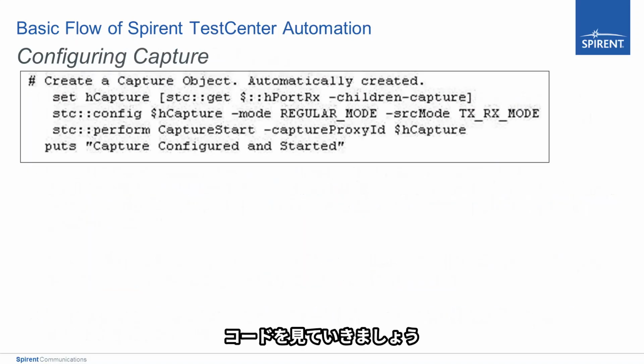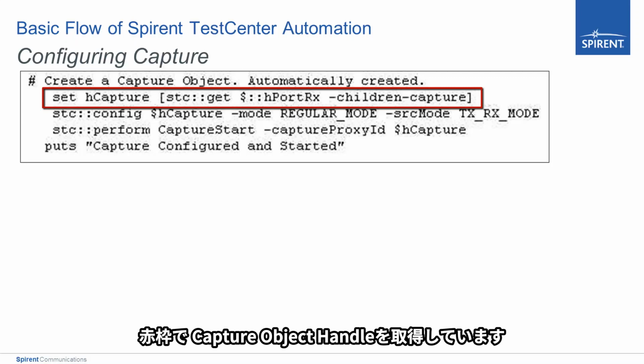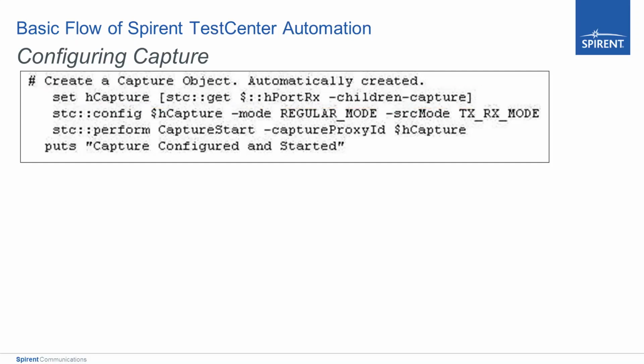Here within the capture code, you will notice the first thing we are doing is retrieving the capture object handle. We use the stc get command. We want to find the hPort RX, the receiving port handle, and then we want the children and then the capture of the children.